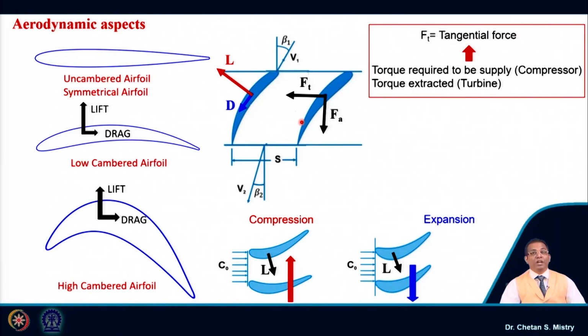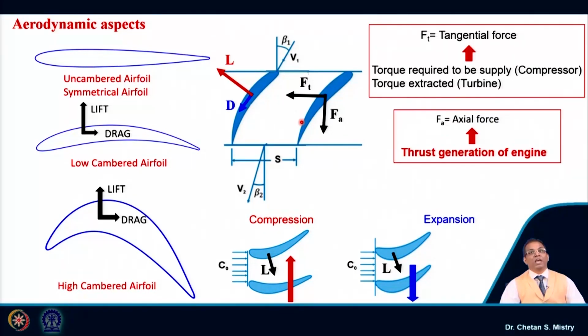If you recall, in the first week we were discussing all our engine components, they are generating the thrust. So, this axial force is basically generating the thrust. We were discussing that the compressor stages are also generating thrust, and that thrust, we say, is in the forward direction. So, this is the meaning of that.